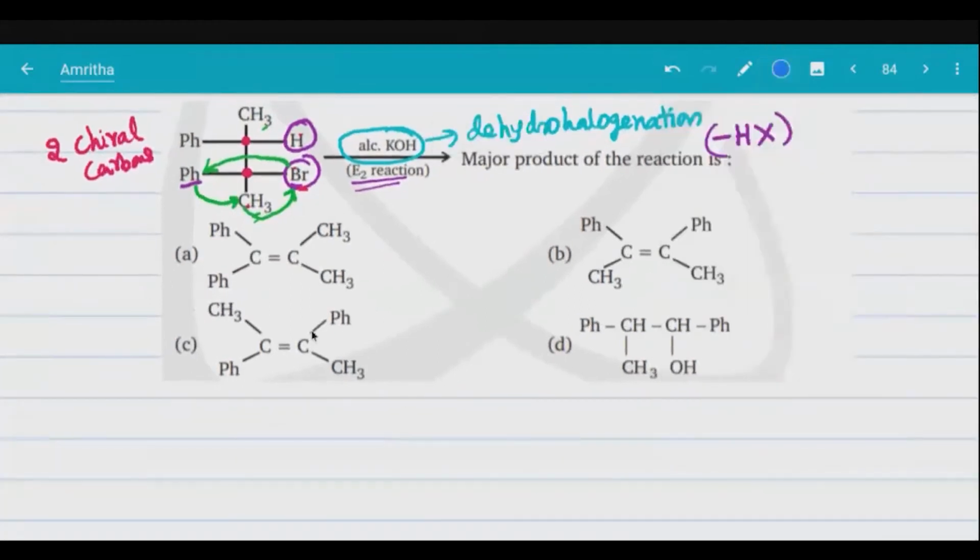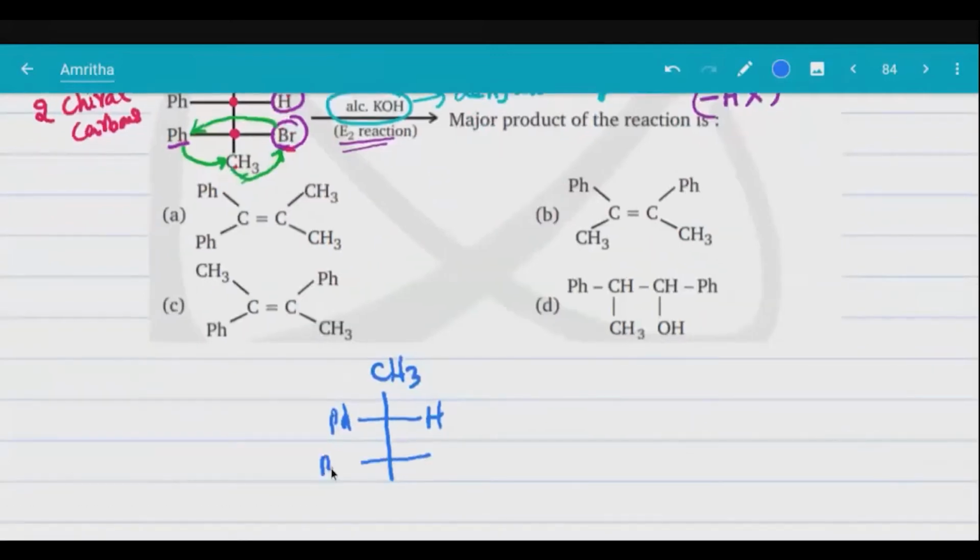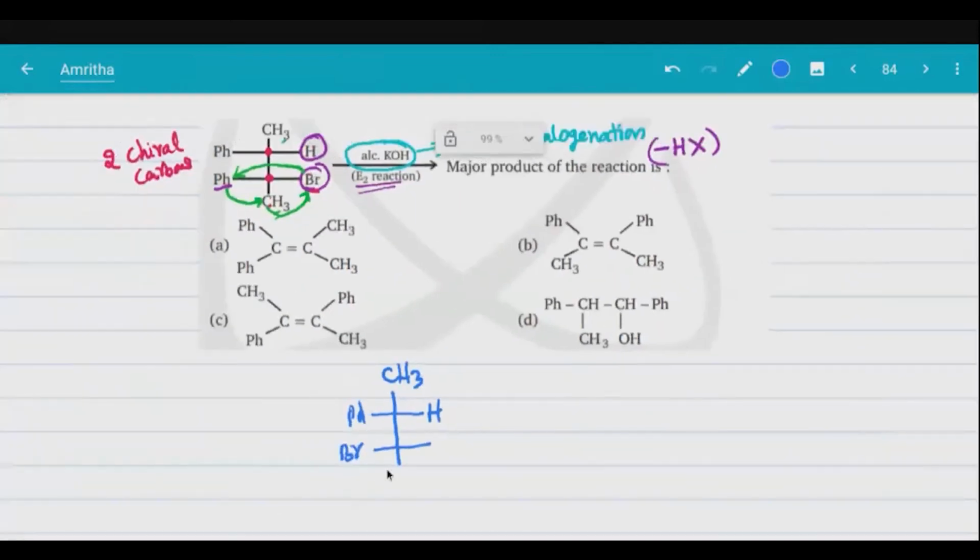I just rotated the carbon, CH3. H and Ph I kept the same, but Br is coming here, Ph is coming here, CH3 is coming here. Done. So in the Fischer projection, this now has identical configuration.